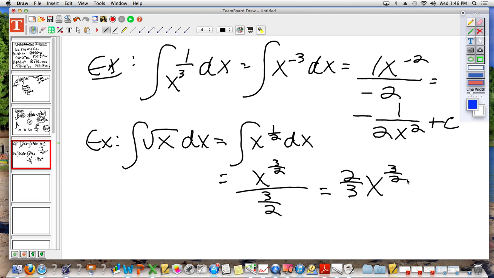So really what I did was I multiplied the denominator by 2 over 3. They cancel out. And then I have to multiply the numerator by 2 over 3. So I end up with 2/3 x to the power of 3 over 2. Plus c. Thank you. I think I taught you that. But you can remind me to do it too.